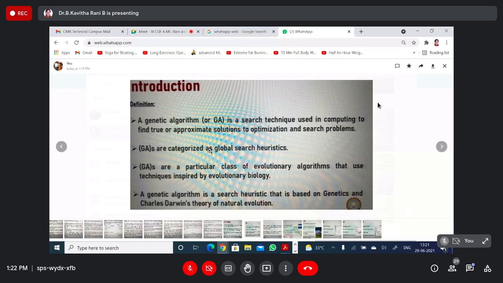That's why we are using genetic algorithms: to optimize the search problem. For reproduction, we use the good properties of the algorithm, and we use those properties to reproduce the result.